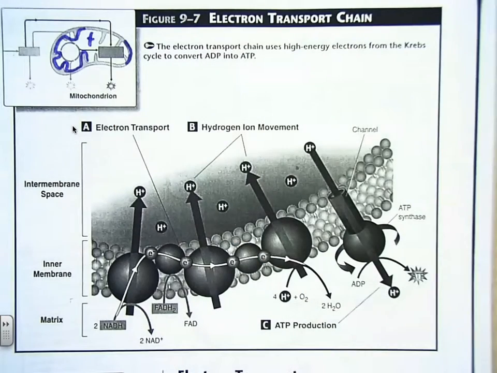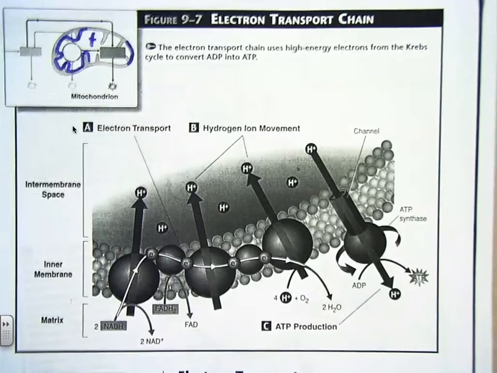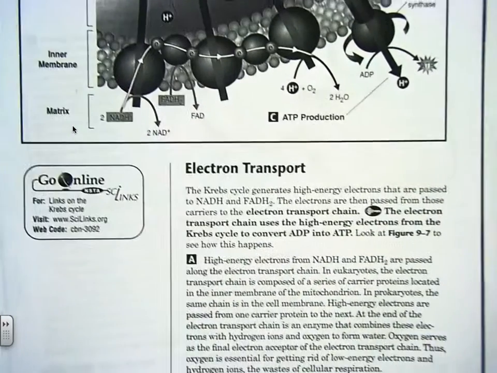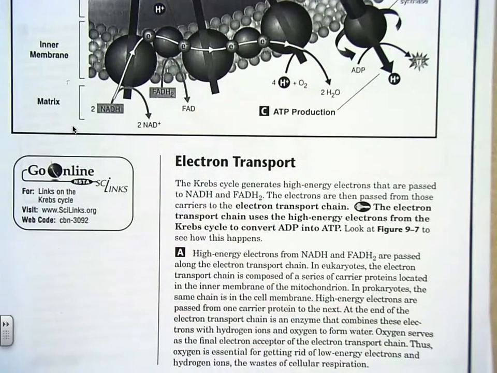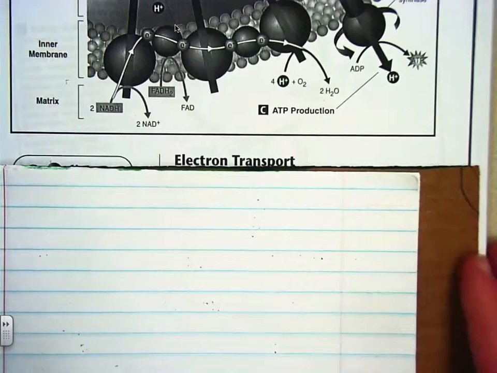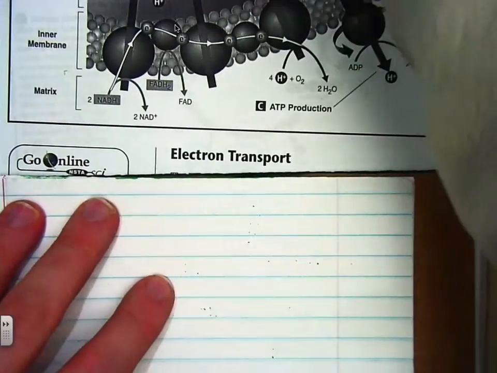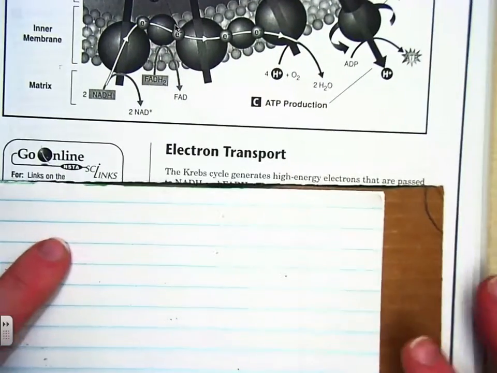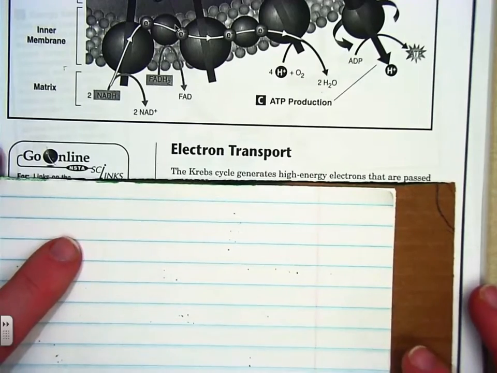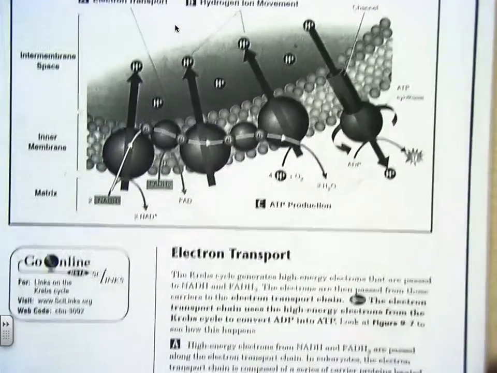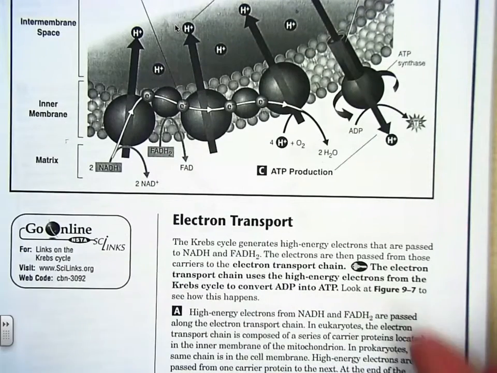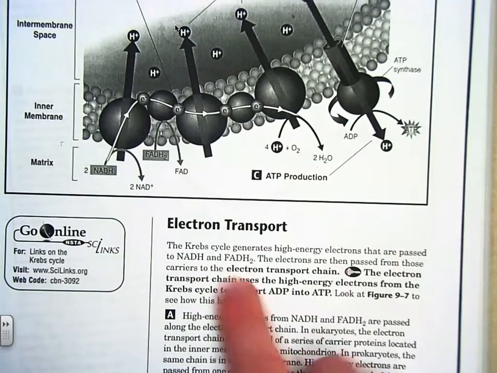Okay, so let's read. Moving right along, the electron transport chain. The Krebs cycle generates high energy electrons that are passed to NADH and FADH2.